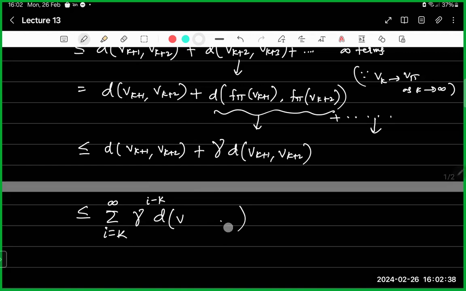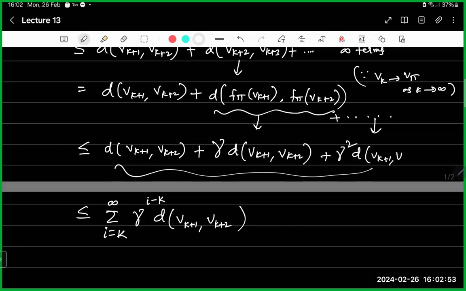Right. So I'm just writing this expression in this way. So here I would have got gamma square into d of vk plus 1 comma vk plus 2 plus so on. Okay.